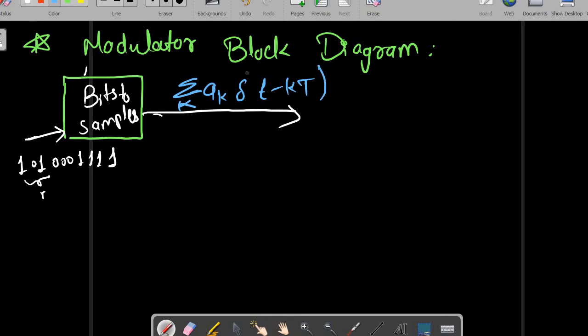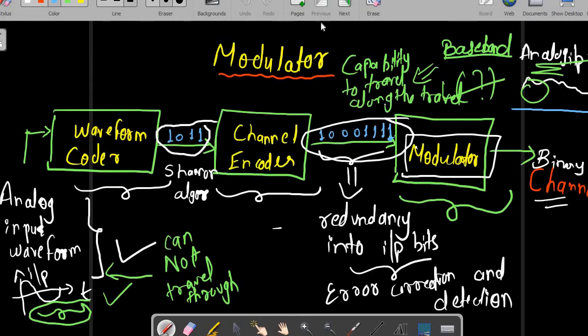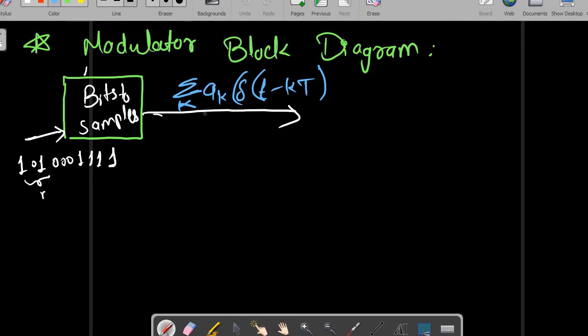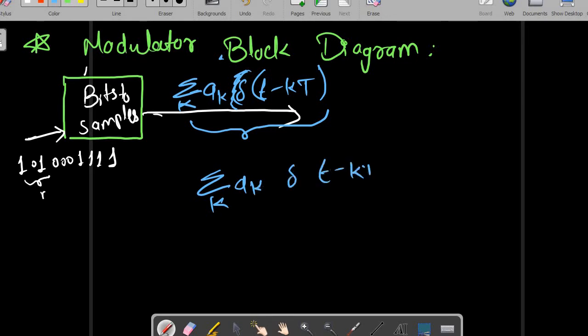You might wonder what this is. Let me show you the previous page. This signal is represented by this equation: summation over k of a_k delta(t minus kT).